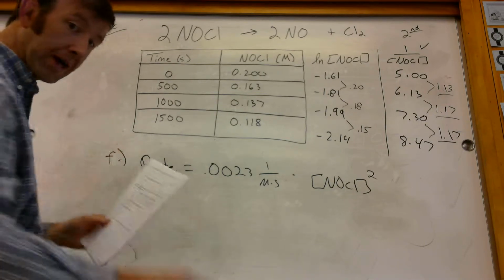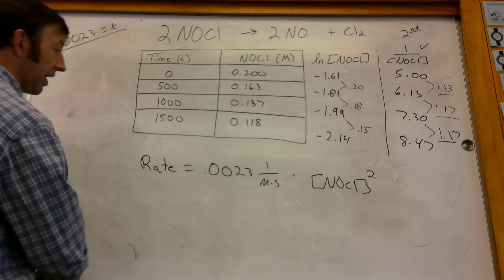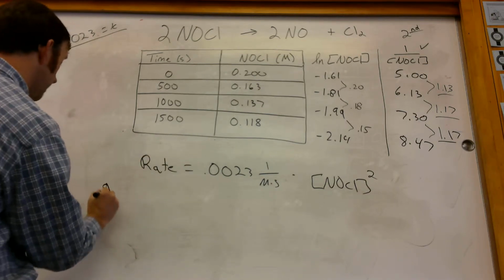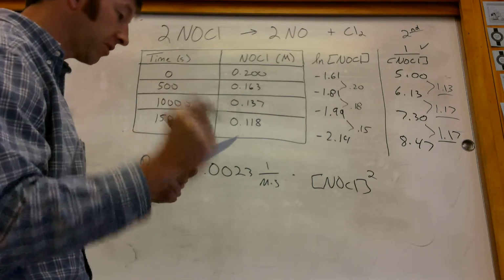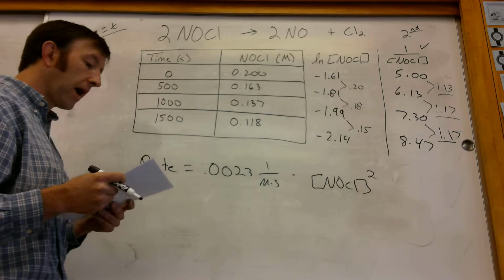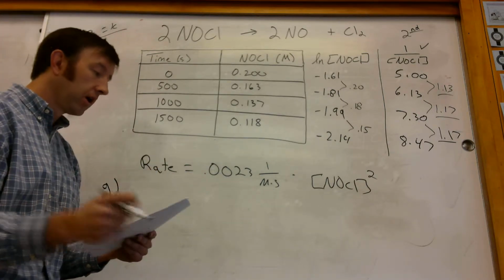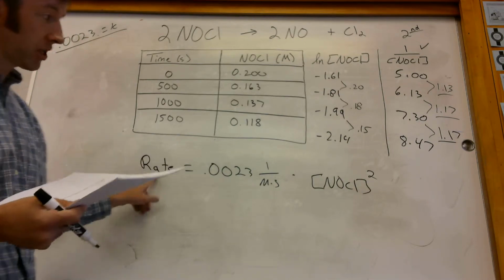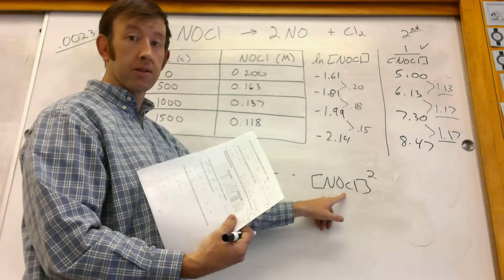This is going to be a multi-step problem. I'm going to leave that formula up there just so I can refer back to it. Put my letter G down here. It says, calculate the rate of disappearance of NOCl at time equals 1550 seconds. So I'm going to have to figure out this rate, but what I need to figure out first is my molarity at 1,550 seconds.